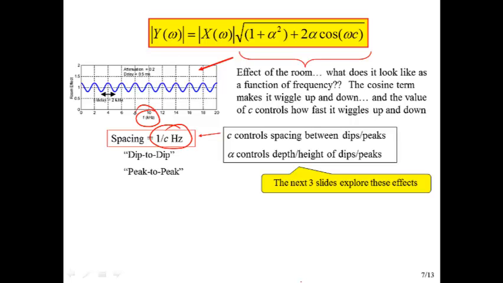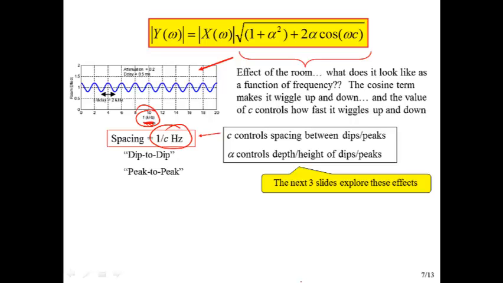So I'm plotting this in f rather than omega, so I've just replaced omega by 2 pi f. That's all I've done. So up here in my equation I've replaced omega. Up in that corner it's hard to write for some reason. Anyway, we replace that omega with 2 pi f and plot it versus f.